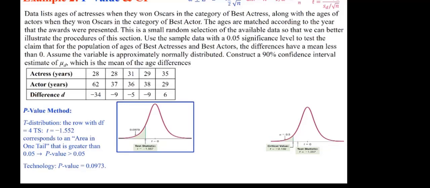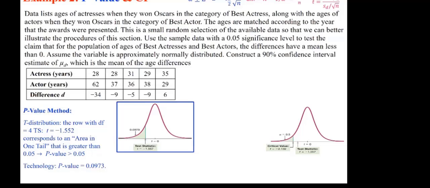But if you go to the t-distribution table, and we've done it a number of times by now, you should be comfortable with that. So you look at the row with degrees of freedom of 5 minus 1, or 4. And the test statistic is negative 1.557. And it corresponds to an area in one tail that is greater than 0.05.